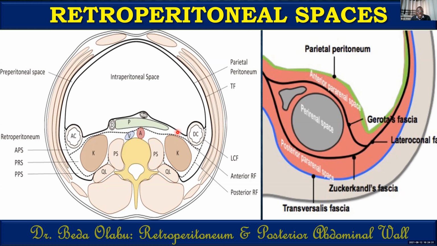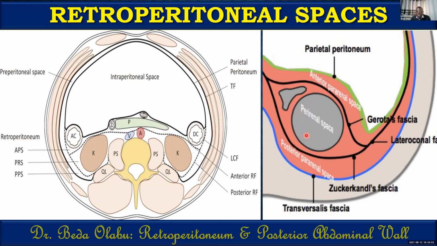There's some fascia that go around the kidney that help to divide these spaces. 2 of these fascia are important in helping us define the spaces. So in the image to your right, we can use that to explain the spaces we want to talk about.